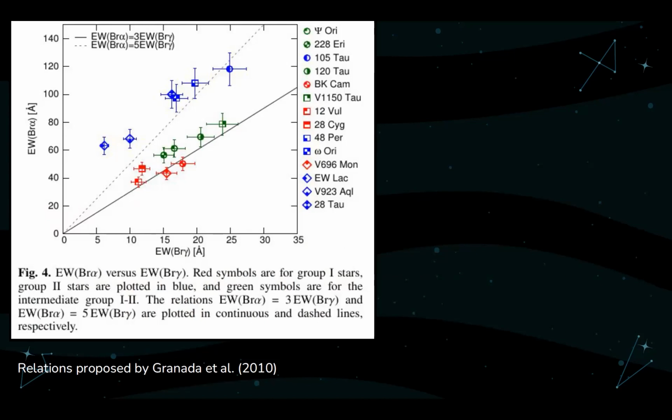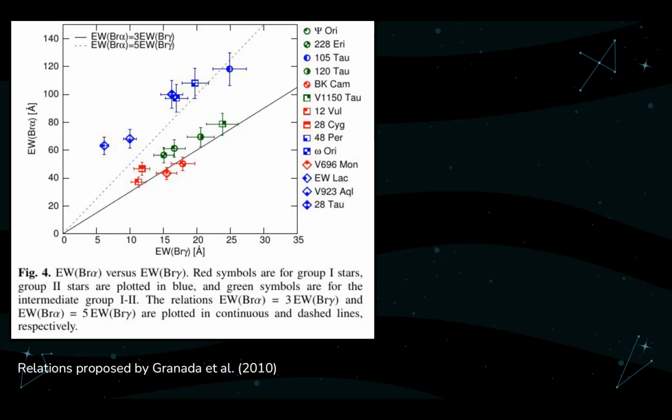The red symbols are our group 1 stars that are on the line that corresponds to group 1 objects. The blue ones are group 2 and follow the relation for group 2, but there are some green points that follow the relation for group 1. But if you see the L band spectra, the Humphreys lines are not as intense as Pfund gamma and Brackett alpha, but they are intense enough. So they are in the middle of this classification.